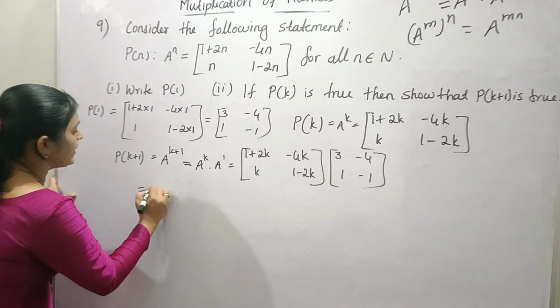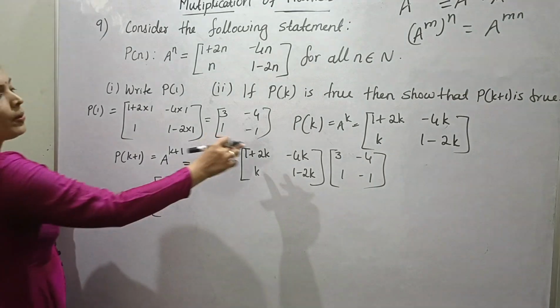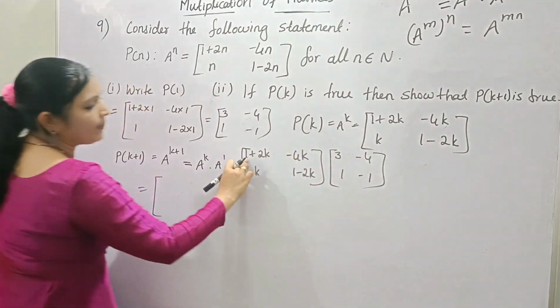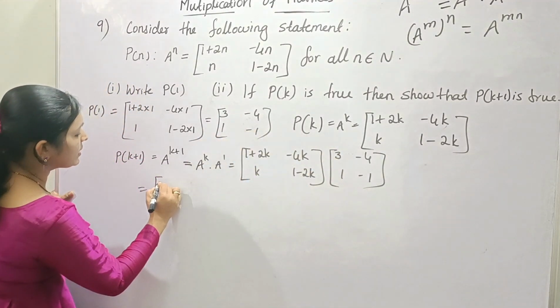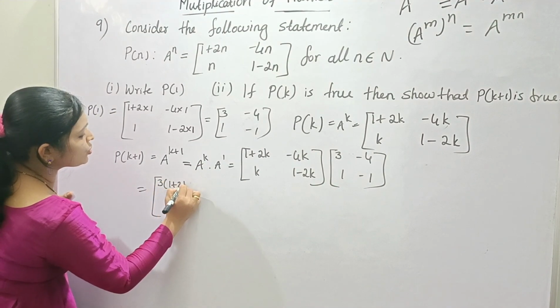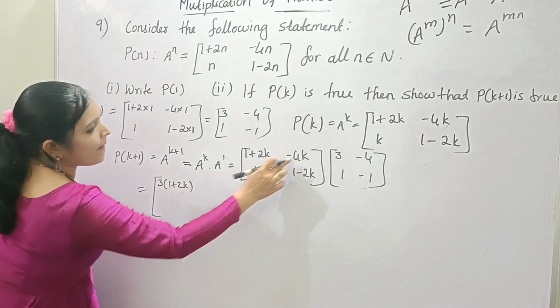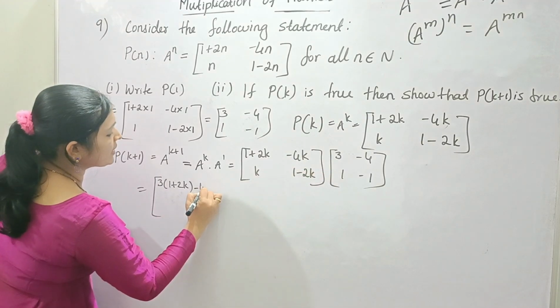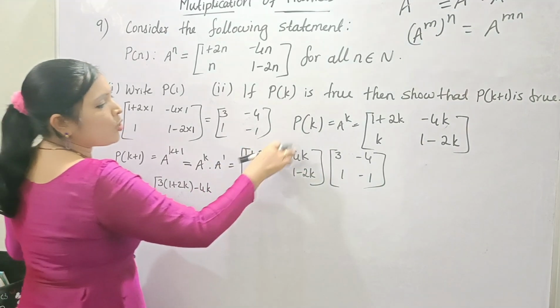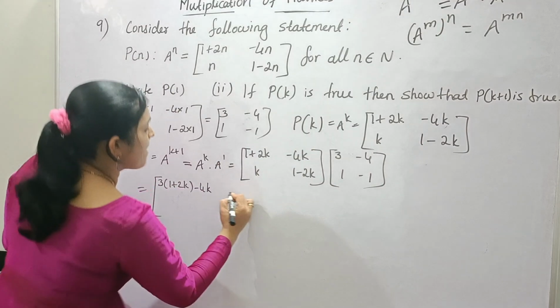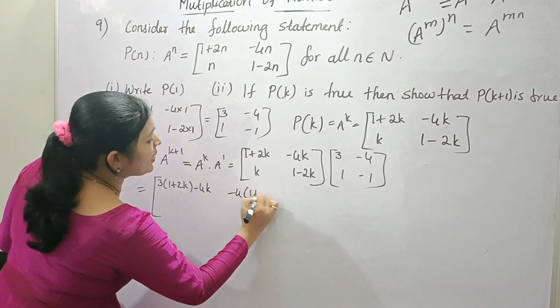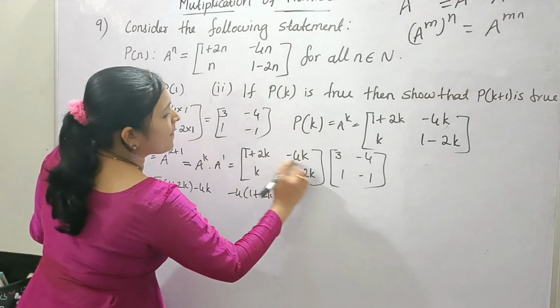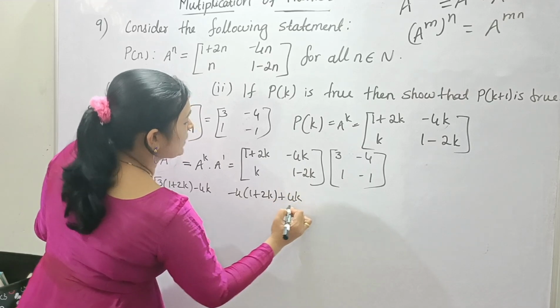That is equal to, first row multiplied with the first column: 3 into 1 plus 2k, minus 4k into 1, so 3 into 1 plus 2k minus 4k. First row multiplied with the second column: minus 4 into 1 plus 2k, plus 4k into minus 1.